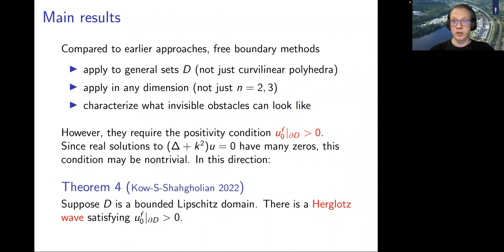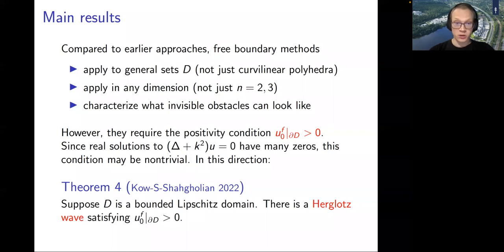For instance, if you look at dimension 1, then this equation is u'' + k²u = 0. So solutions will be like sine of kx, and these will have lots of zeros, and the zeros will be quite dense if k is large. So typically these incident waves, if they are real valued, will have many zeros. So even finding an incident wave satisfying this condition on the whole boundary of D is non-trivial.